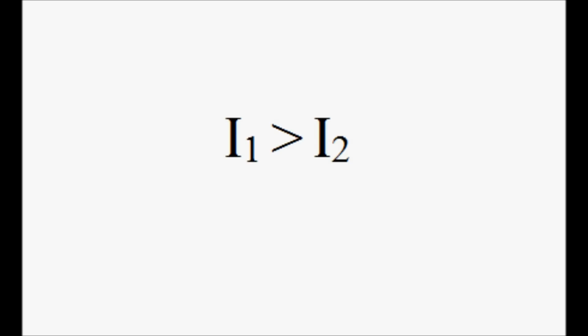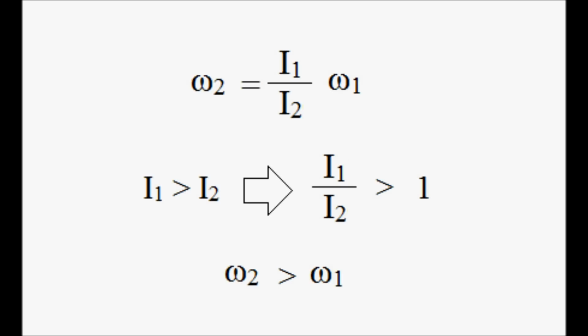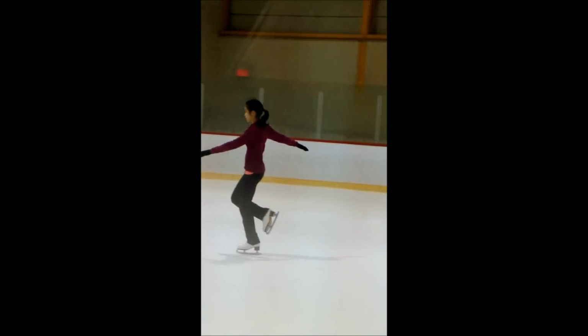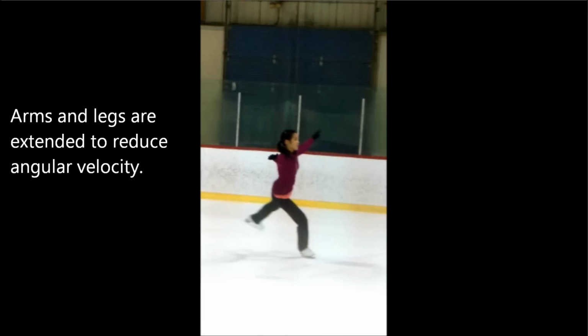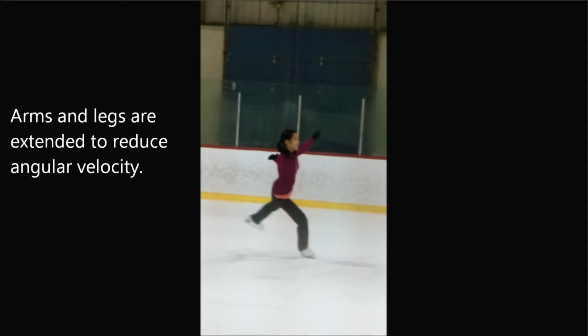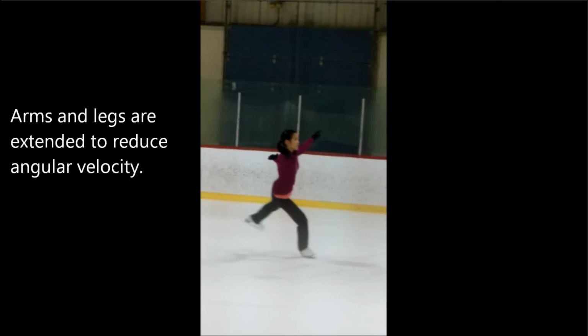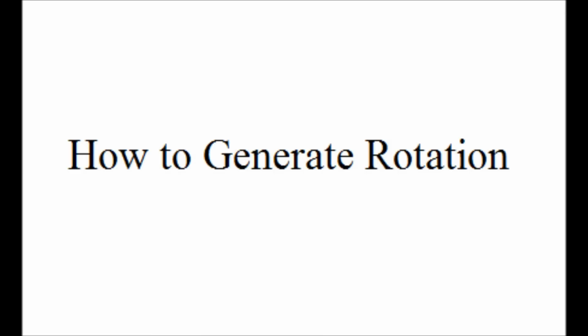Since I1 is more than I2, omega 2 will be more than omega 1. And so that's how angular velocity can be gained in a jump. As you may have noticed, arms and legs are extended for the landing. That's to reduce angular velocity so that you can have a nice landing.